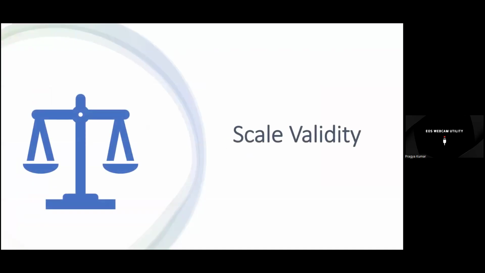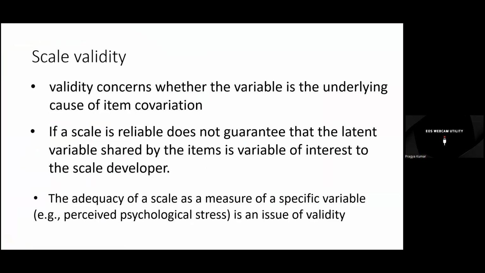Okay, Dr. Rupesh is writing that clarity and ambiguity would be opposite. If one item is very clear, it would be unambiguous. Yes, you are right.